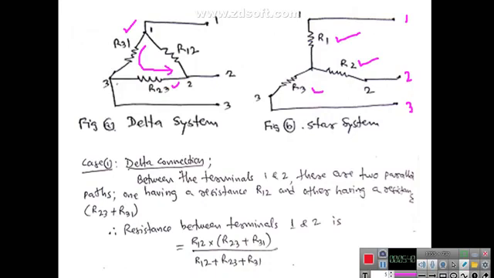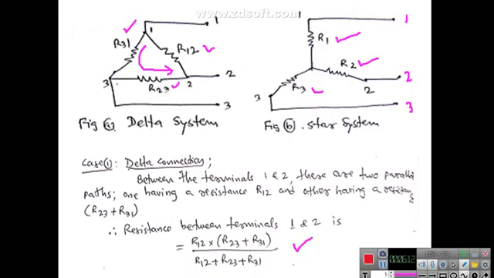So across these terminals, R12 is in parallel with R23 plus R31. This is the resistance between terminals 1 and 2.